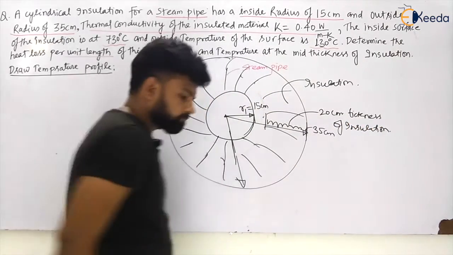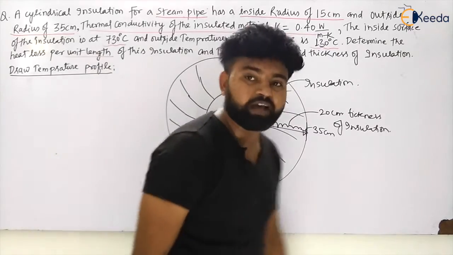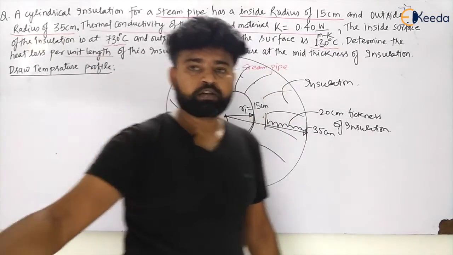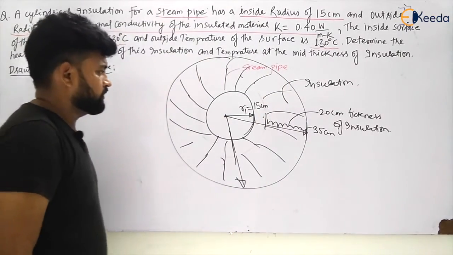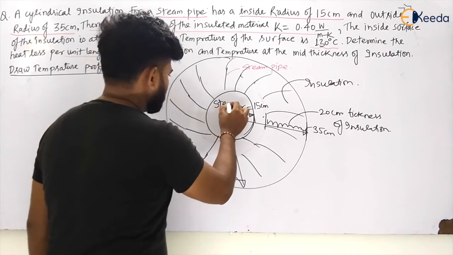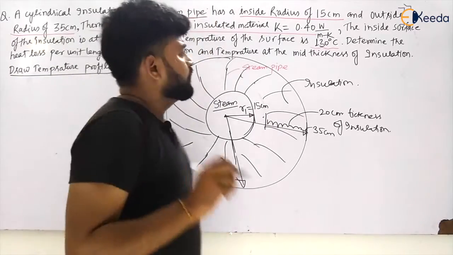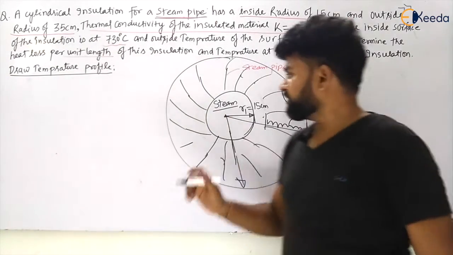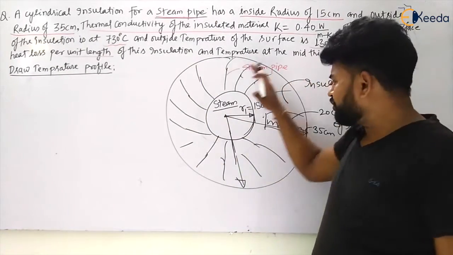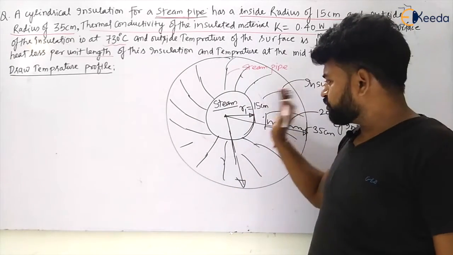Why has he done this, my dear students? He has done this because there is steam inside this. Steam is flowing because that is a steam pipe. If steam is flowing inside that pipe and we don't have proper insulation, then what will happen?